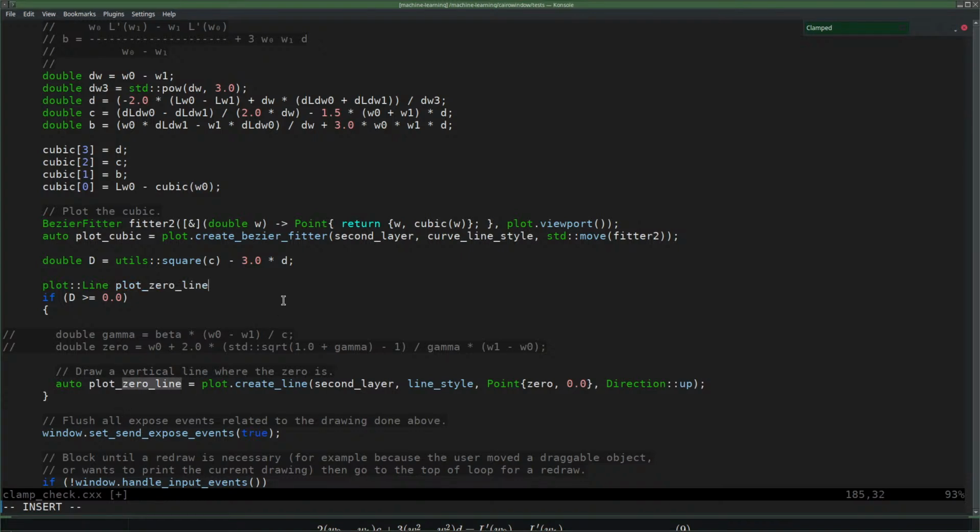Plot zero line, yeah. That was the name that I used. And then I have to use not create line, but add line. And I can just pass the thing here, I think. Let's see if that makes sense with add line.